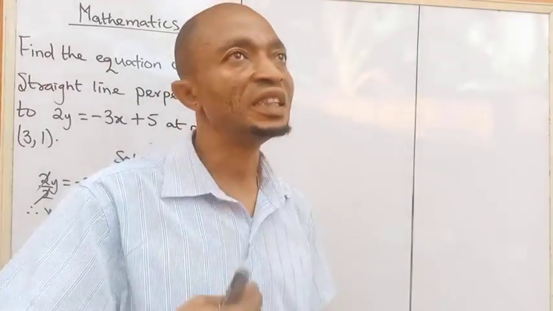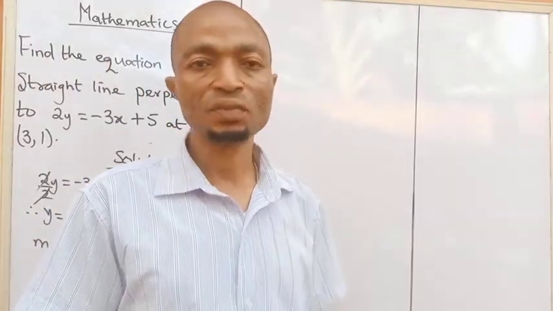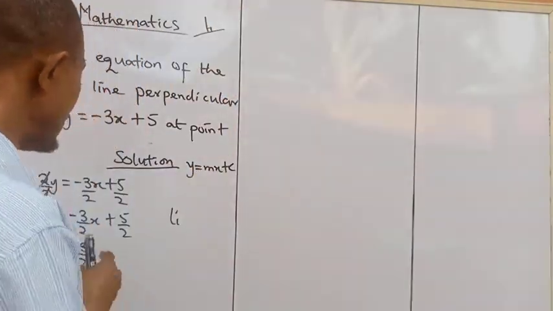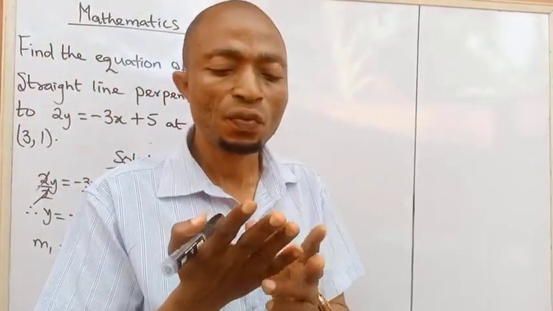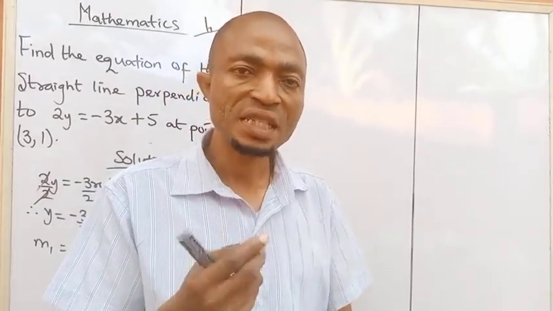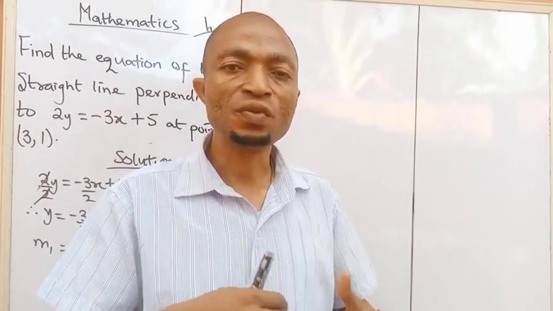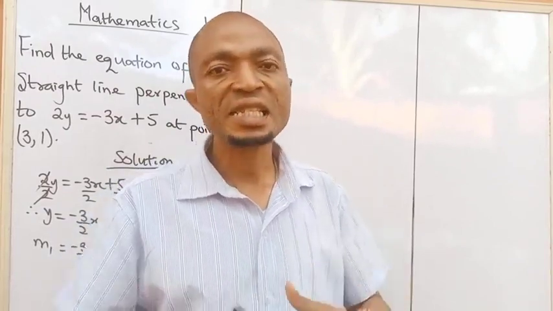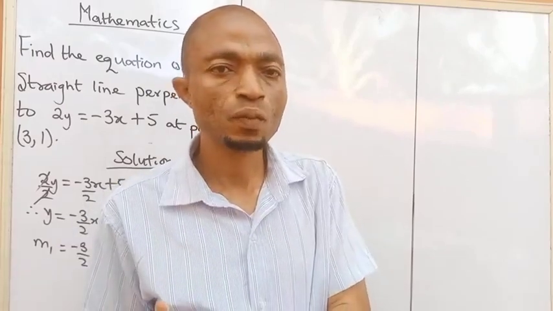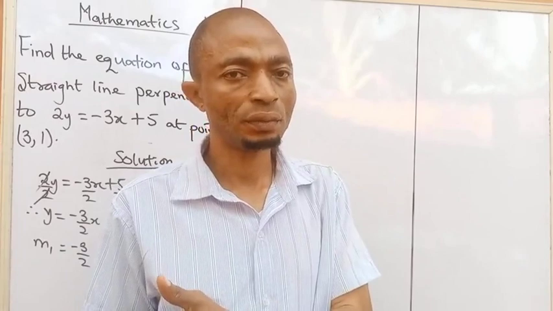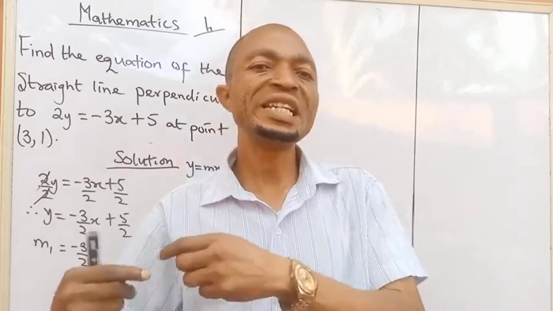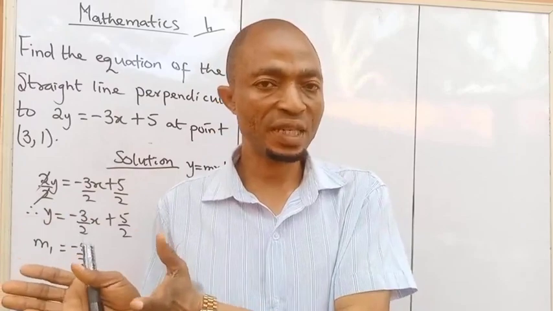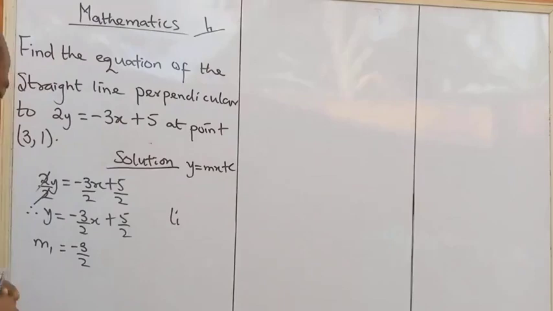They now ask you to find the equation of another line that will be perpendicular to this line. For two lines to be perpendicular, it means that the gradient of one line is the negative inverse of the other. You get what I'm saying? So this is my m1, the first gradient.